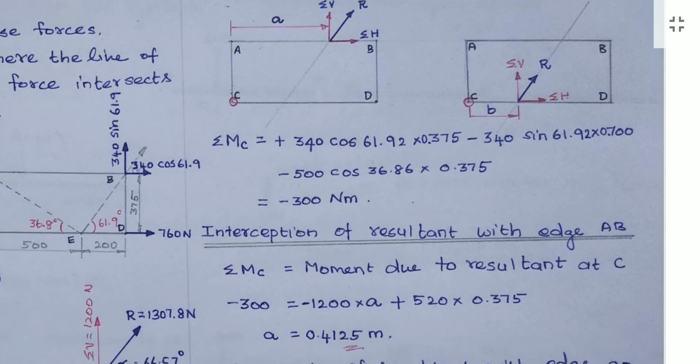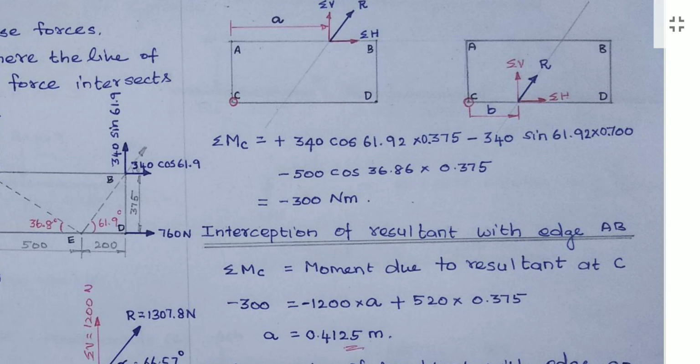Here also you hinge at the point C. When I apply the horizontal force sigma h, it will rotate in the clockwise direction, so it is plus. Sigma h value is 560, and for this horizontal force the perpendicular distance is 0.375.